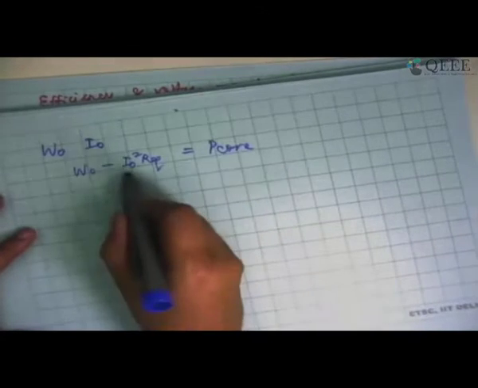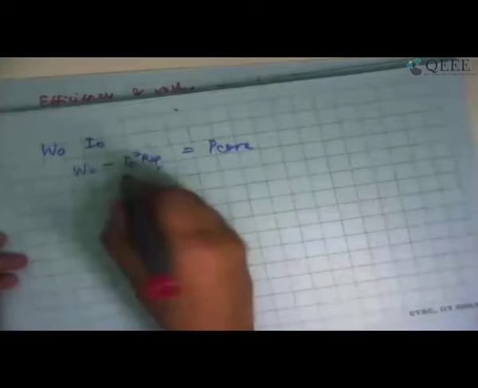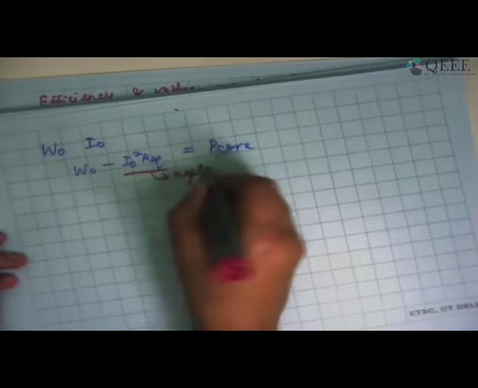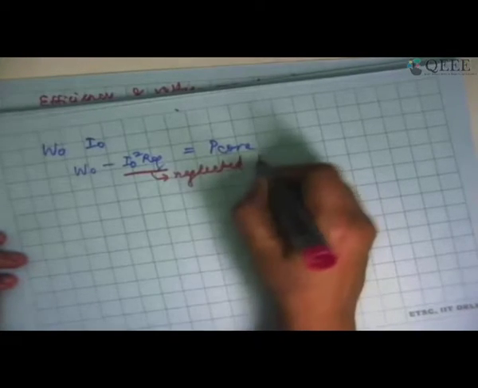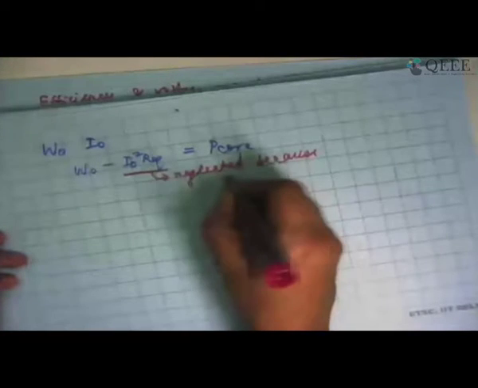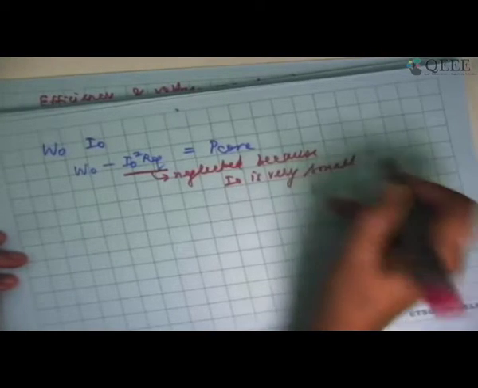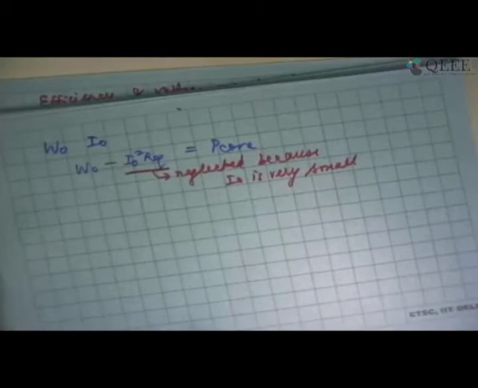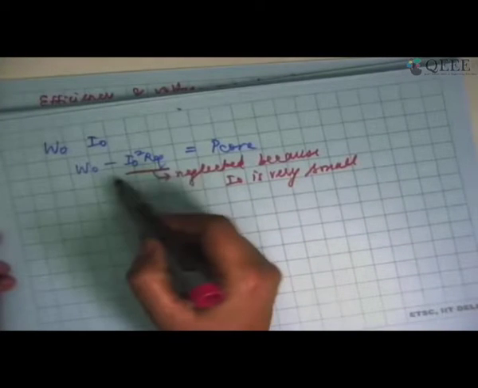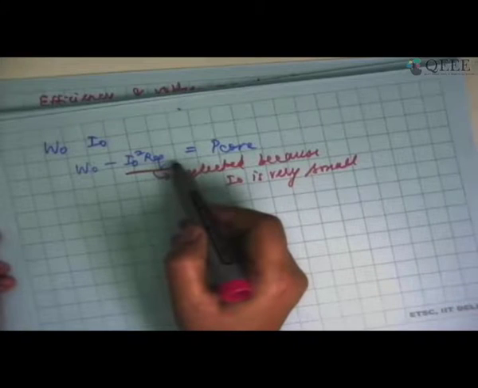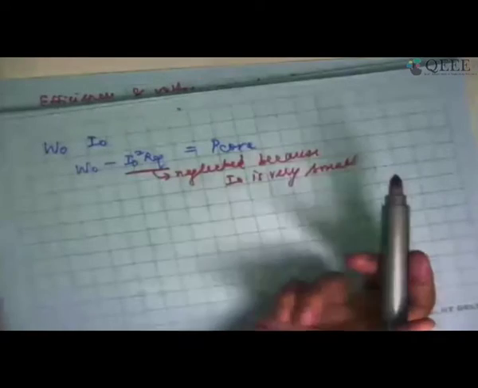We normally neglect this because I0 is very small. So if you don't want to neglect it, this is one way of doing it. You can separate the copper losses incurred in the equivalent resistance, and subtract it from W0 to get the core losses. That is the only way you can talk about separating the losses in this particular case.